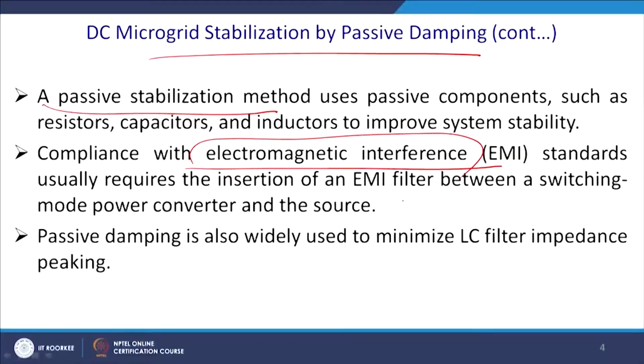So you have to keep in mind that while you are damping, it may increase your electromagnetic interference, because when an electrical wave gets reflected, that is a cause of EMI, and reflection happens when there is a mismatch between impedances.